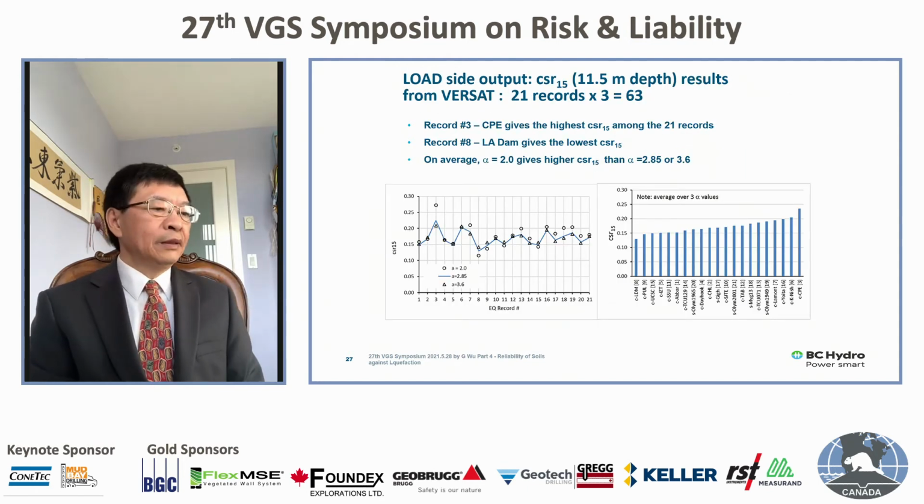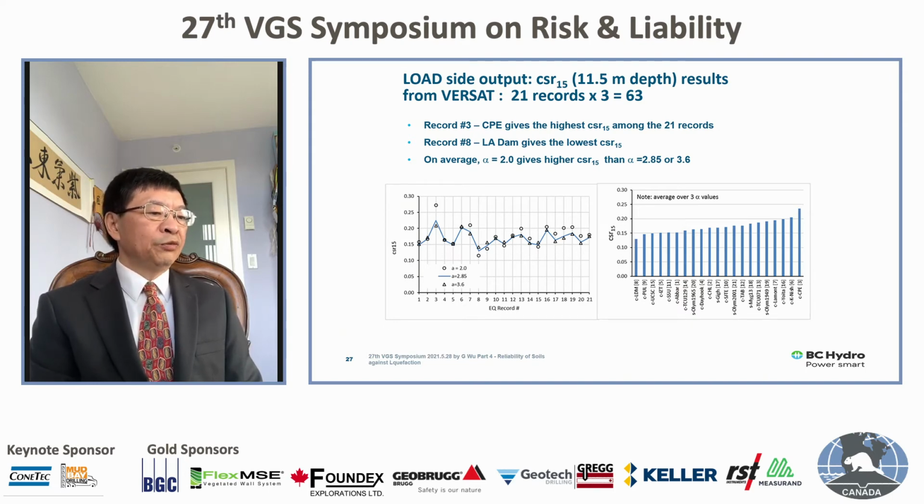As I mentioned, the 63 combinations of the record and the alpha factor, or the earthquake magnitude factor, give you 63 results at each element. The result I plot here is for element 12, which is at a depth of 11.5 meters. The left figure shows the 63 points.